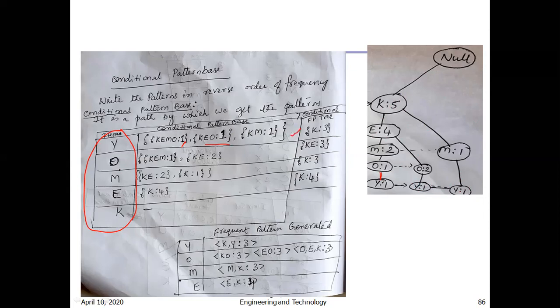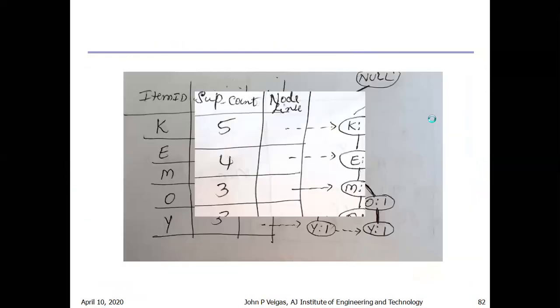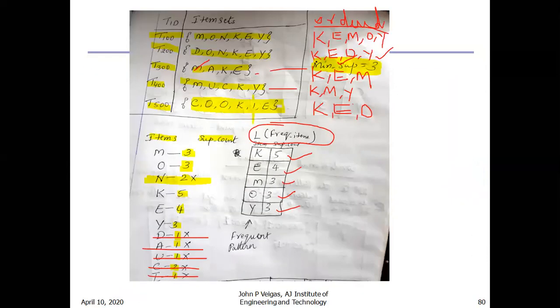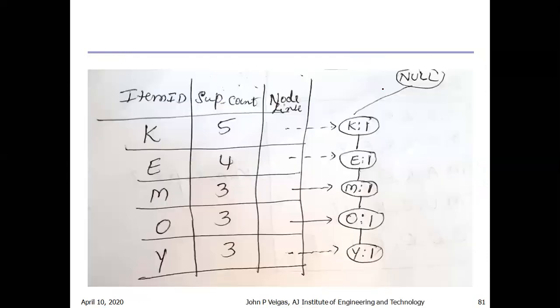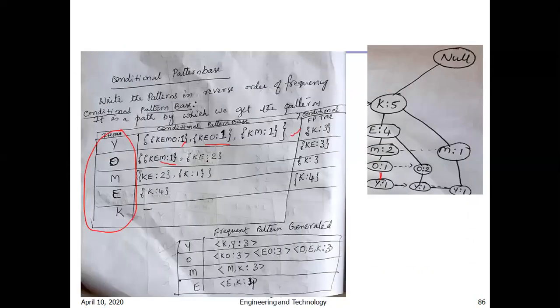Similarly, for O, I can reach O using K, E, M, one path, occurring once. Next, K, E: I can reach O 2 times, because looking at the ordered items, K, E is occurring twice. So its frequency is 2 here, K, E: 2.